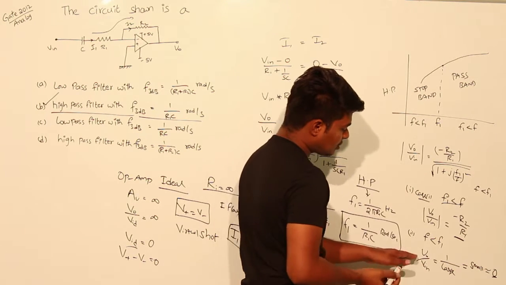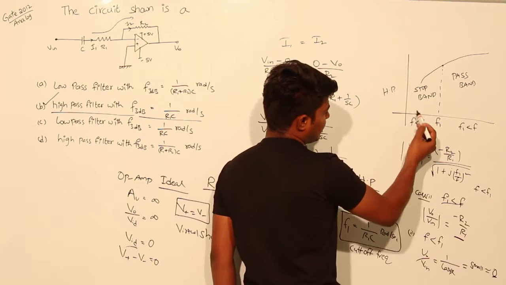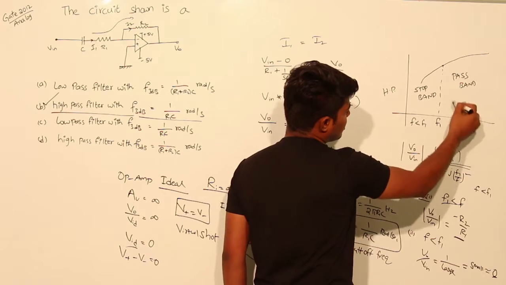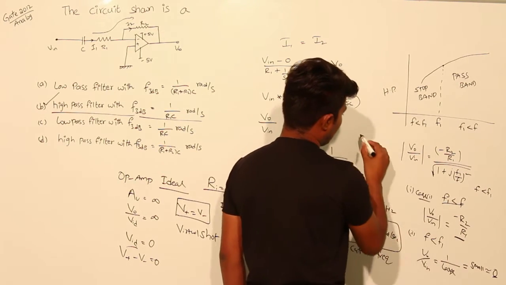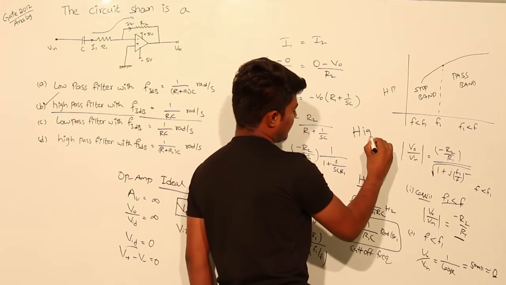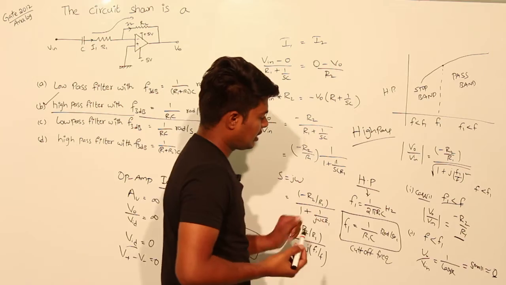So gain equals 0 whenever F is less than F1. At this part the gain is 0, and at this part it has some gain, minus R2 by R1. So this is a high pass filter with F3 dB frequency as 1 by R1 into C.